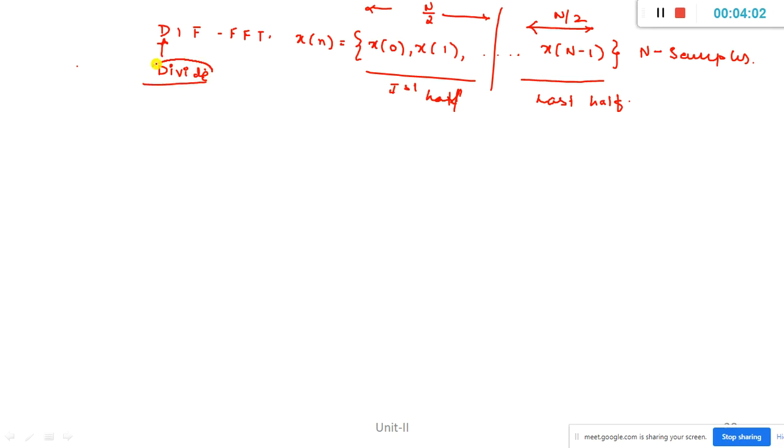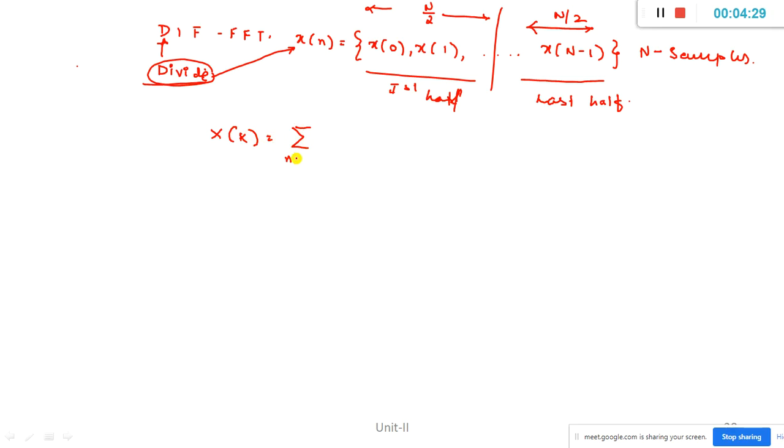You have to divide your input sequence x of n in either of the forms, right? In the previous case, we decimated the x of n sequence in terms of even and odd. Now we are decimating the x of n sequence in terms of the first half sequence and the last half sequence.